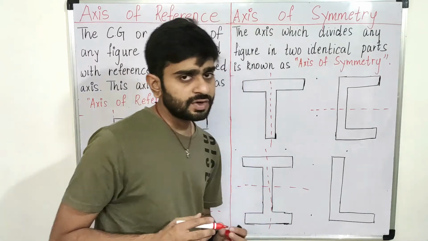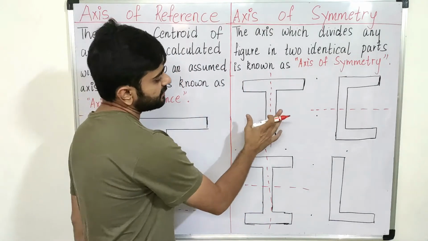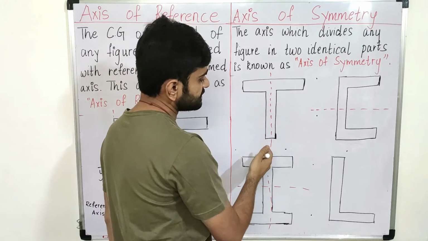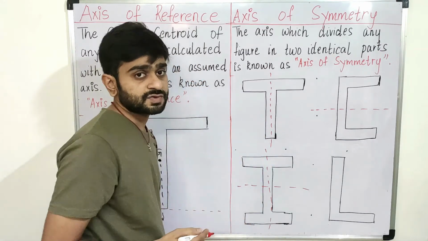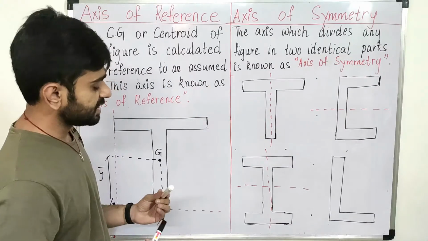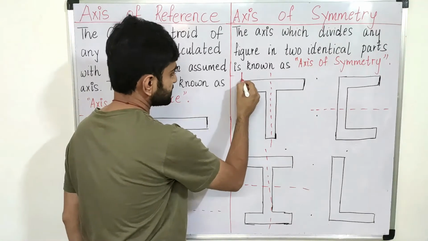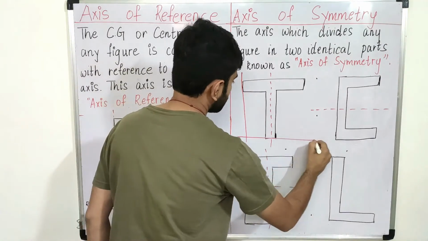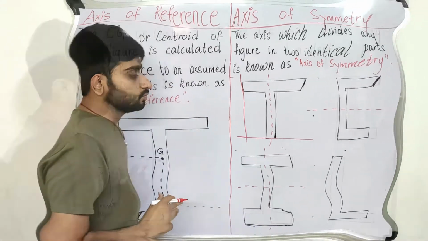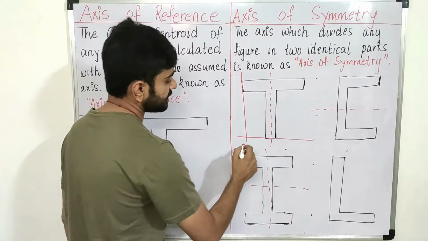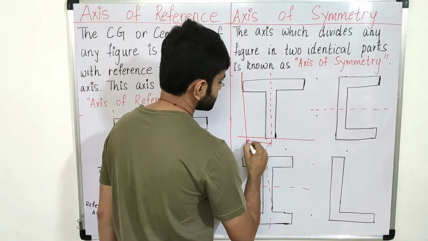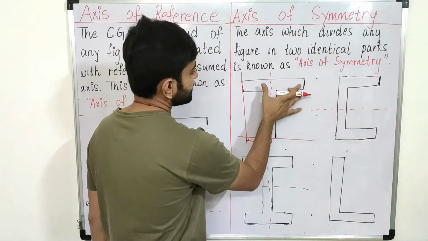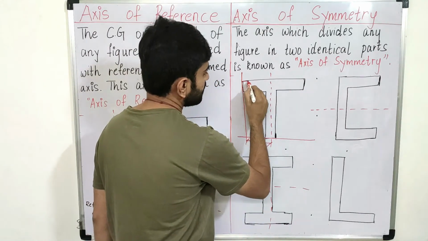What we need to note down here is, if any figure is symmetrical about the y axis, then it is very easy to calculate the x coordinate. Let us take the reference axis on the extreme left and the extreme bottom. In order to move in the x direction, we have to move exactly half of the major dimension.